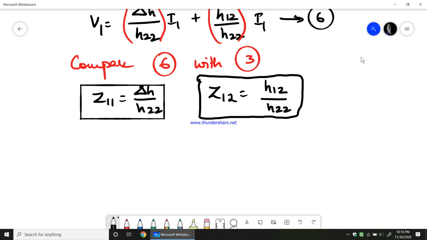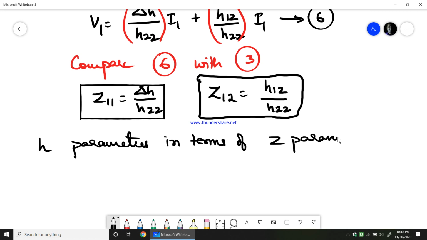Now if you take H parameters in terms of Z parameters, you just do the reverse of whatever we did till now. First you take the Z parameter equations and the H parameter equations, do some jumbling with the Z parameter equations, and then compare with the H parameter equations.